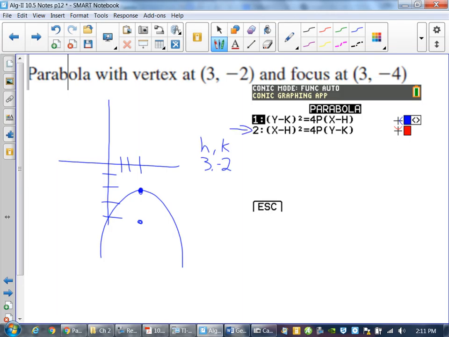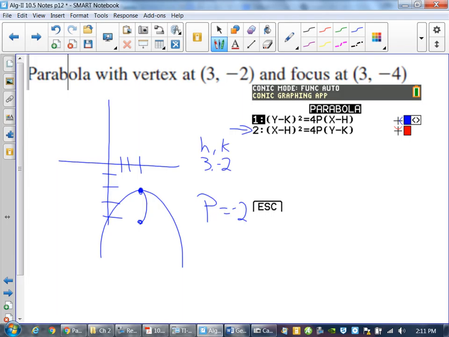The distance from the center to the focus is your value of P. How far apart is the vertex and focus? It's 2 away, but since it's opening downward, is that going to be a positive or a negative 2? -2, very good. So our P value here is -2.